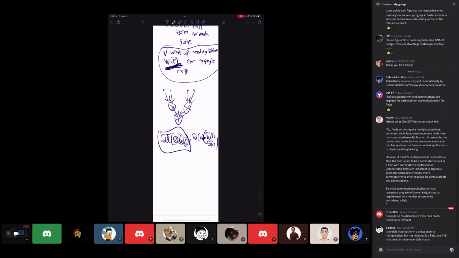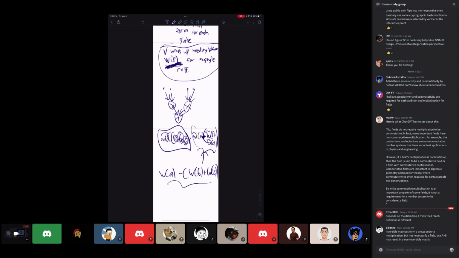That is, is it an addition gate, and its input wires are coming out of gates B and C? If so, then this expression here, the value assigned to A minus the value assigned to B plus the value C, will equal 0 if and only if the value assigned to A is indeed the sum of the values assigned to B and C.